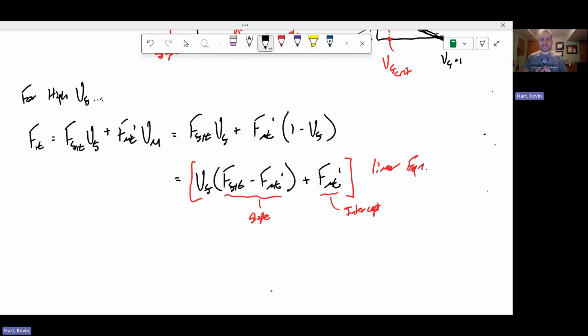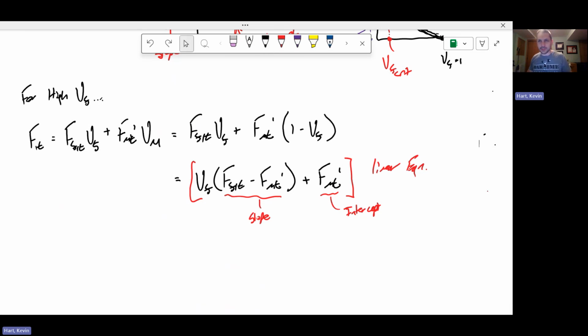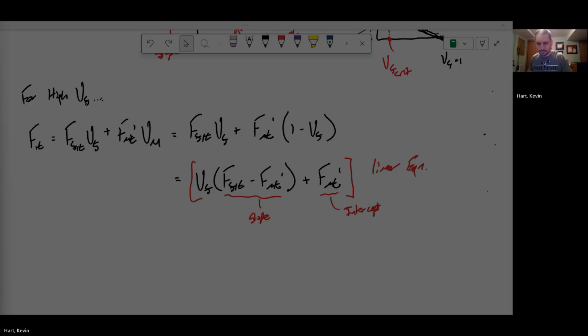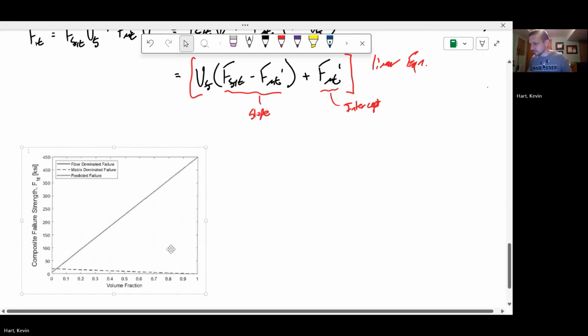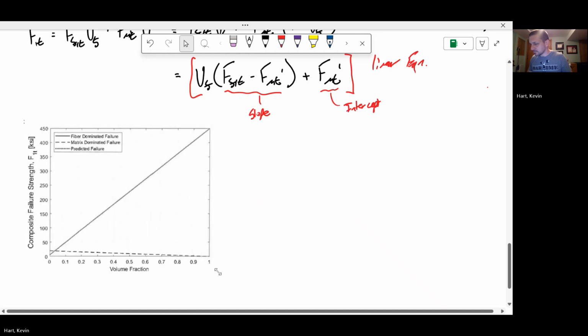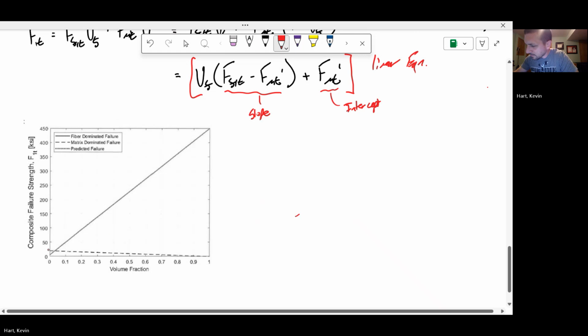Now, what the problem asks you to do is to plot this. So you'd have to put in the numbers for these, which you have, so just put the numbers in and plot this thing. If you do that, you should end up with a plot that looks a bit like this. Okay, so we see these two equations that I'm talking about. Here, this is the one that is governed by low volume fraction.